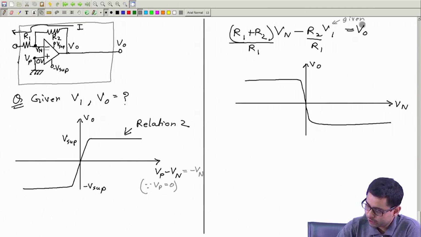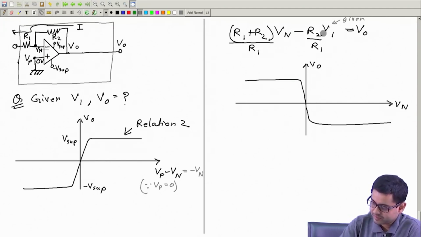Okay, so this is like Y is mx minus C. So how can we draw that? Y is mx minus C. This will be a straight line with positive slope, and with intercept, so at Vn equal to 0, Vo will be negative, so it will start from a negative intercept.